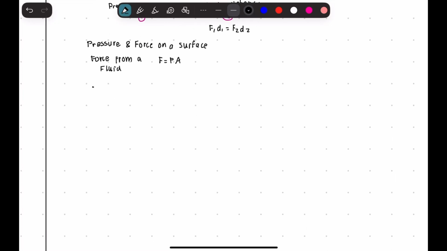And these are used in aquarium window problems, dam wall, pressure versus area comparisons.